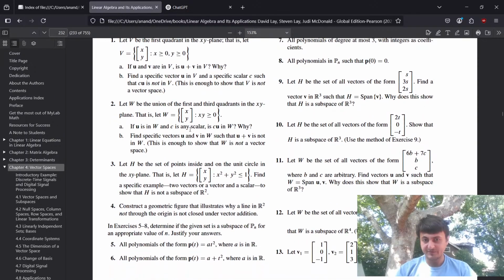Three, I think you can just take a vector and a scalar, you could just take 2 times (1, 0), not in H.